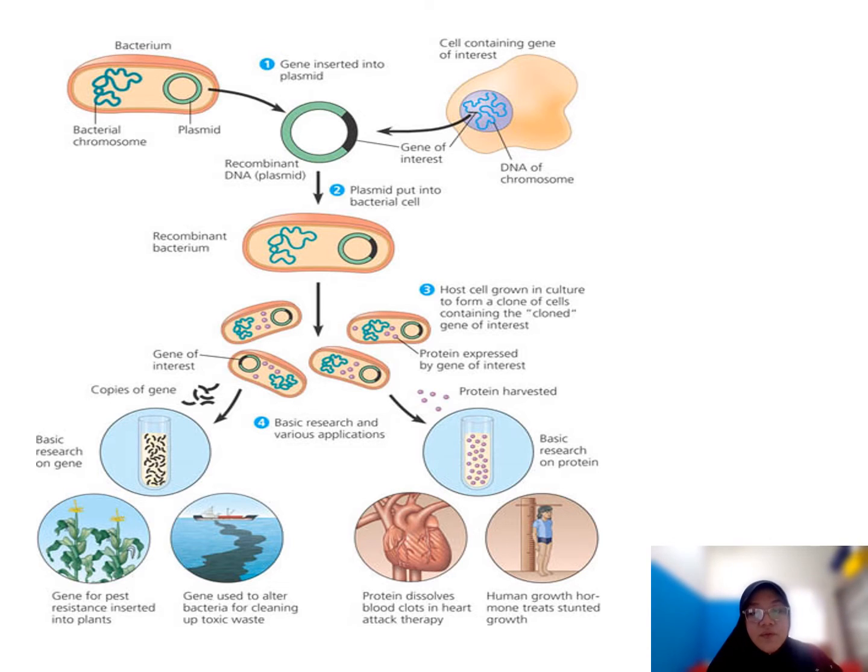For example, the protein could be the human growth hormone, which helps in stunted growth, and also helps with blood clots in heart attack therapy.